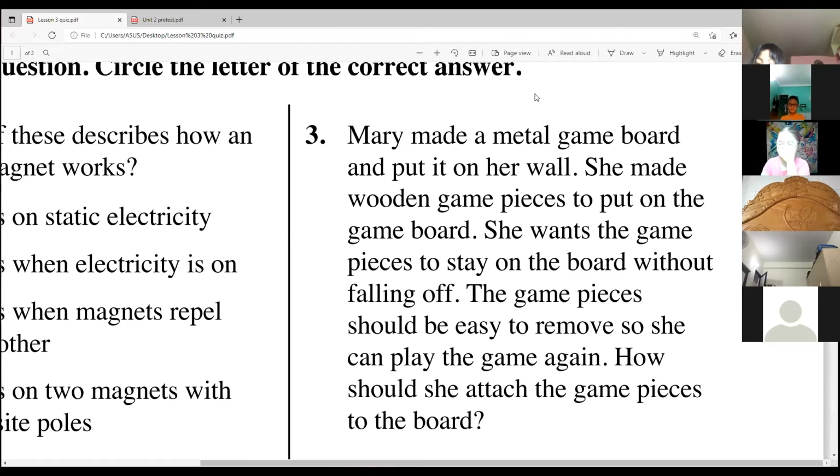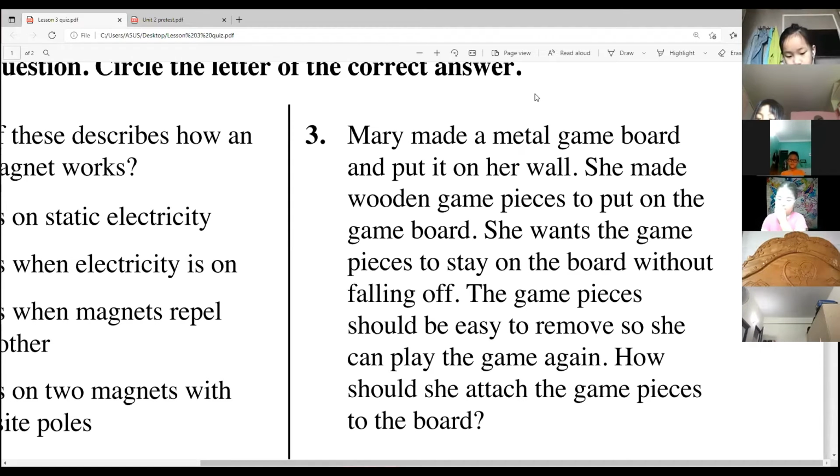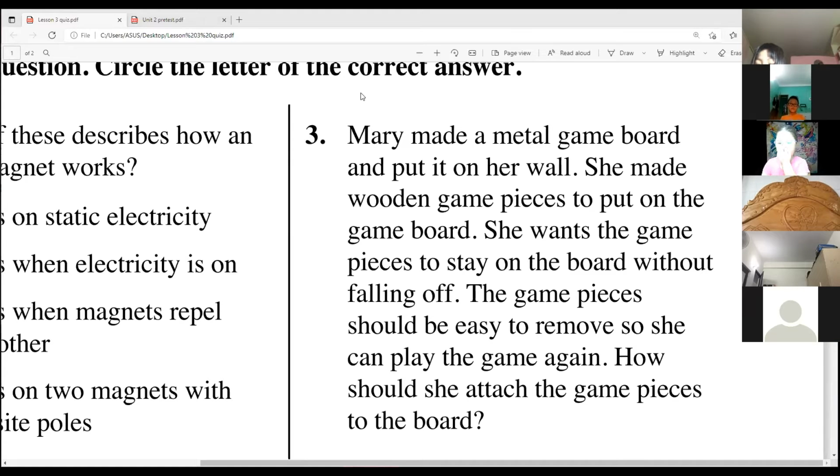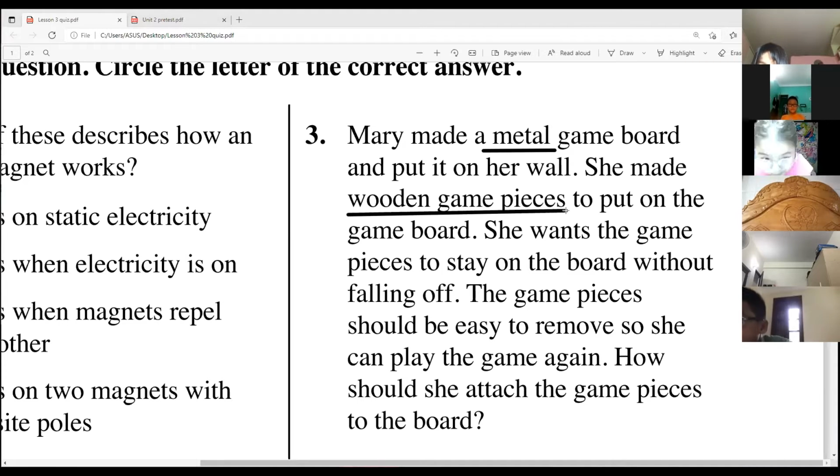Thank you, Scart. That was a long one. So Mary has a metal game board. When you're reading this, you need to note she made a metal game board and wooden game pieces. She wants these pieces to stay on the board without falling off.